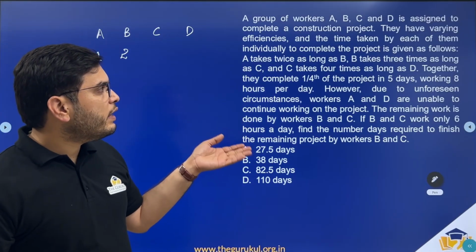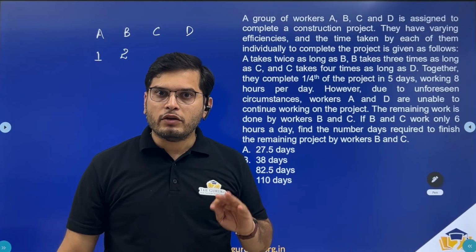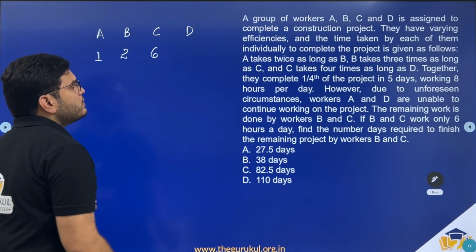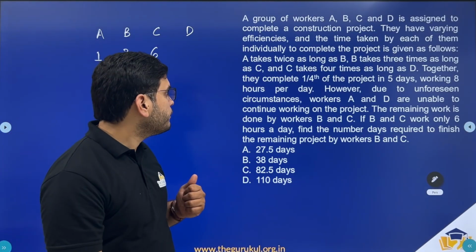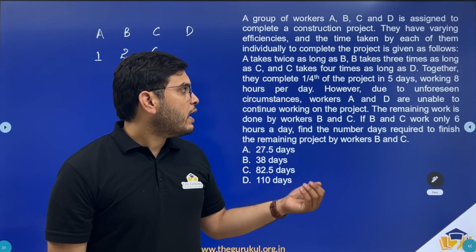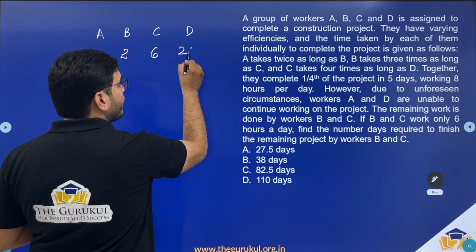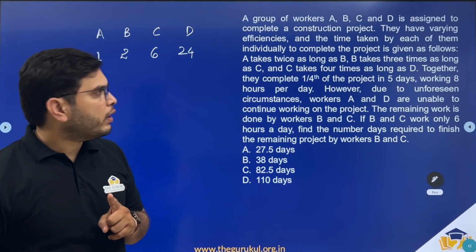Then B takes 3 times as long as C, so C is three times as efficient as B, and C will be doing 6 units of work in 1 hour. C takes 4 times as long as D, so D is 4 times as efficient as C. So D will be completing 24 units of work in 1 hour.